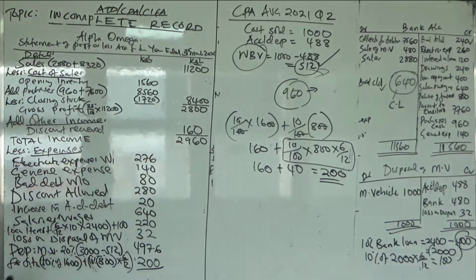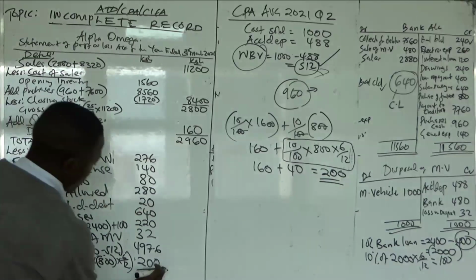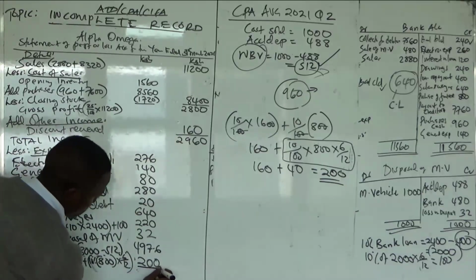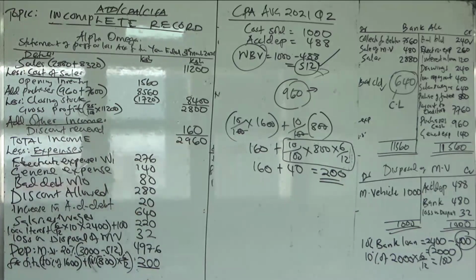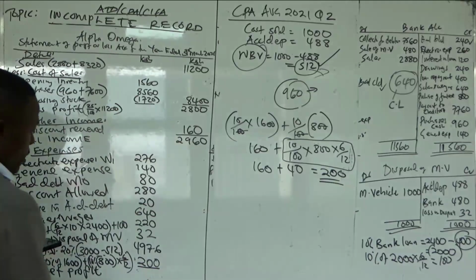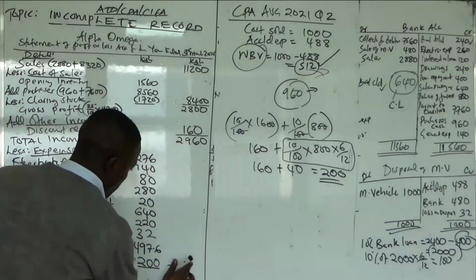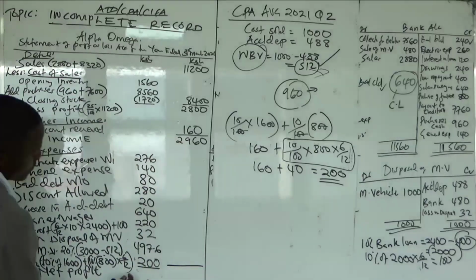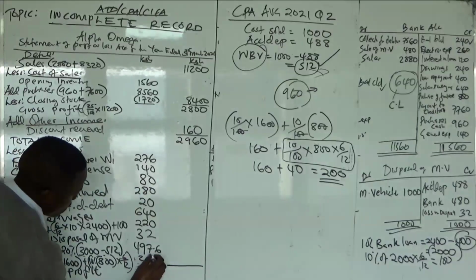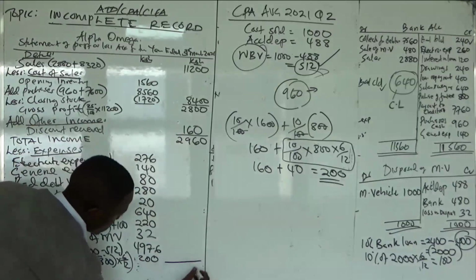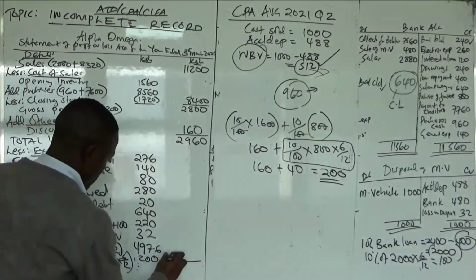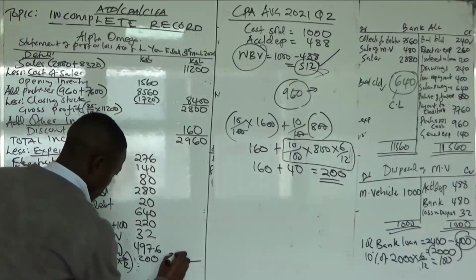How much do you get? I hope somebody is adding. 2385. 2385.5. How much do you get? 2385. 8385.6.